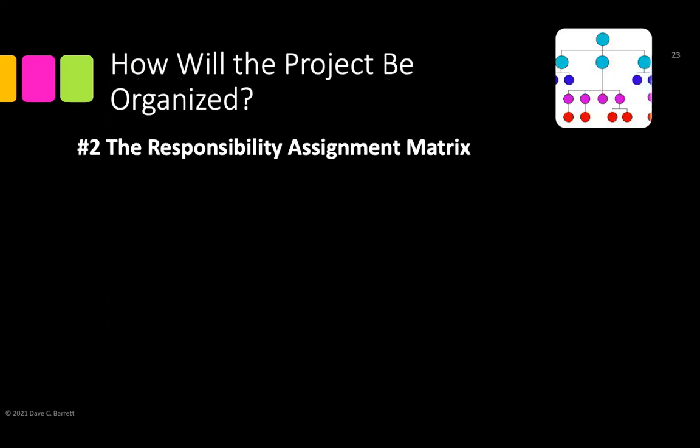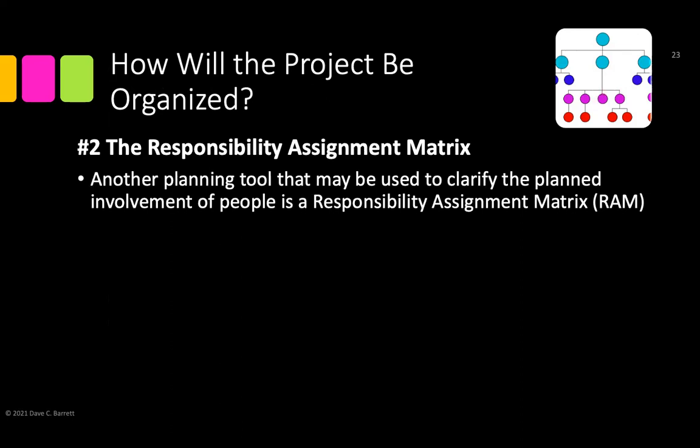Second is the responsibility assignment matrix. What is that? It's basically a tool where we assign responsibility to team members. And a common form of responsibility assignment matrix is the RACI chart.